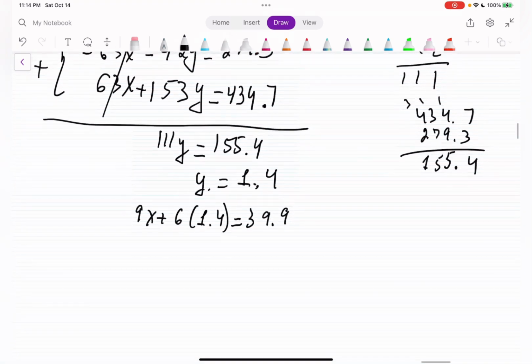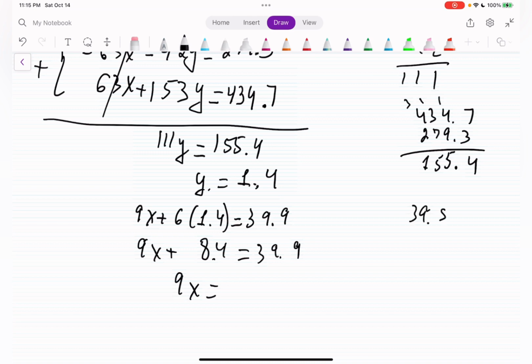Okay, let's see. 9x plus 6 times 1.4. 6 times 4, 24, 2 in mind. 6 times 1 is 6, and 2 going to be 8. 8.4 equals 39.9. So 9x is equal to 39.9 minus 8.4. It's going to be 31.5.